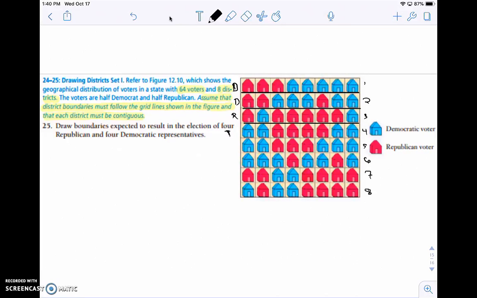And so that automatically throws out this redistricting because then you would get Democrats, Republicans, but we don't have exactly 4 and 4. We've got 1 that's got a tie or it's even, so we can't go that route. So that's not going to work for us. So we're going to scratch that thought.